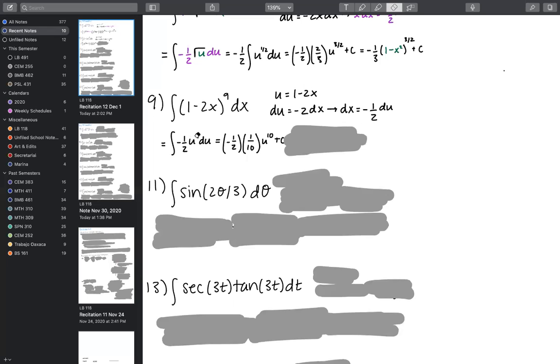If u to the 9th is the derivative, we know that the original function must have been u to the 10th. But we have to account for the dropping of the 10 with this inverse fraction, 1/10. But that doesn't mean that the -1/2 isn't still equally a part of this antiderivative. So if that's confusing, maybe you should pop the -1/2 out front and just focus on the integration of the u.